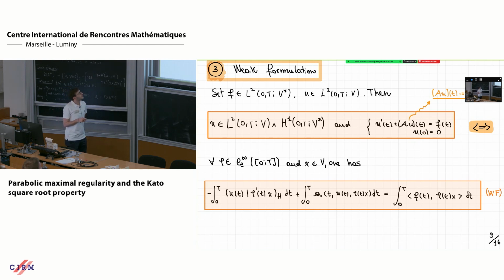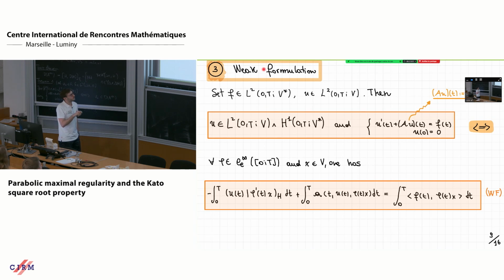So one can prove that if U is in the maximal regularity space and is a solution of our inhomogeneous problem, then this is equivalent to this integral equation where we see appear the sesquilinear form associated to the operator A, and of course, on the right-hand side, F, which is the inhomogeneous data.